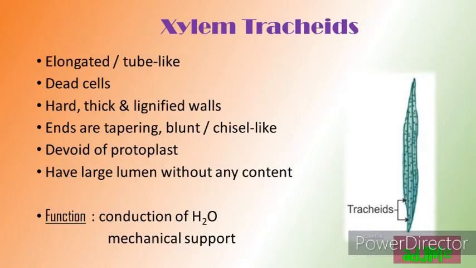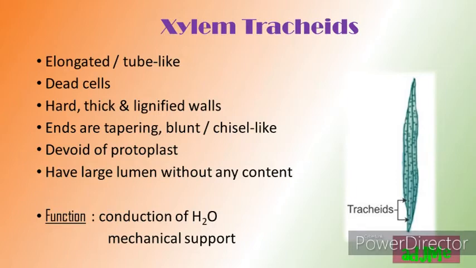Protoplast is absent. Since they are dead cells, protoplast, which is none other than cytoplasm and nucleus, is absent. They have a large lumen without any content. What is lumen? Since it is a long tube-like structure, the inner space found inside the tubular cell is called lumen.